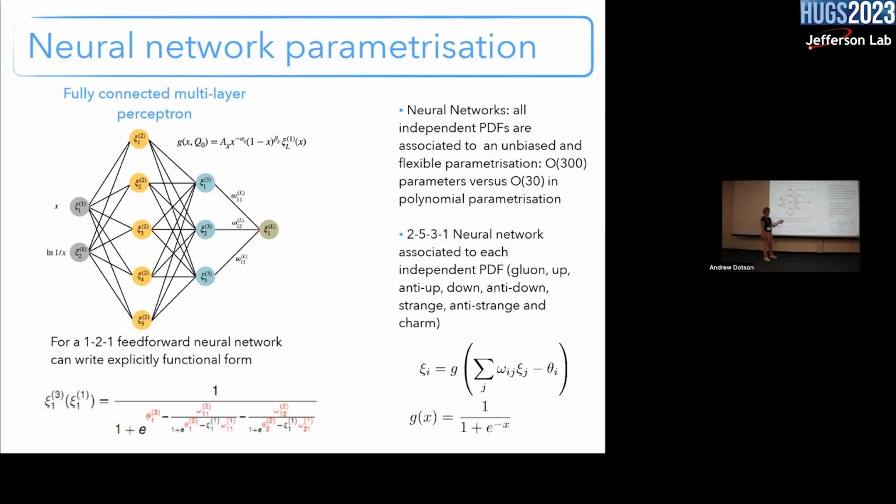If you have a 1-to-1 network, you can actually write the parameterization in terms of the threshold and the weight that you have in each of the connections of the neurons, okay? It's just a very complicated non-linear function that we know that in the limit of an infinite number of neurons in the intermediate layer can approximate any function, okay? That's a property of a neural network that is exploited for doing regression based on neural networks, which is what we are doing here.